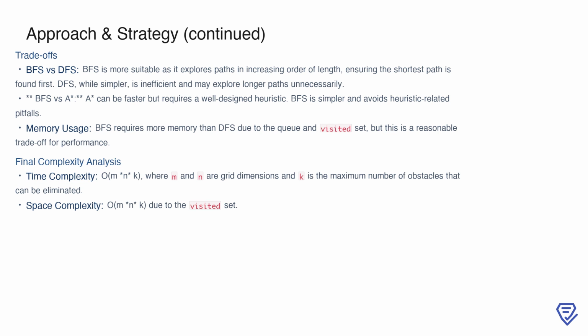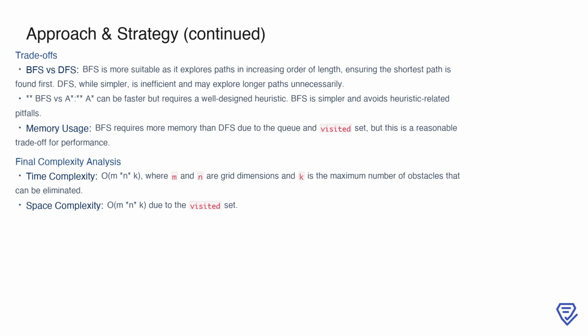One trade-off for BFS is its higher memory usage compared to DFS, as it requires a queue to manage the exploration and a visited set to track states. Nonetheless, this additional memory usage is a reasonable trade-off, as it significantly improves performance by avoiding redundant exploration. Finally, the complexity analysis confirms the scalability of this approach.